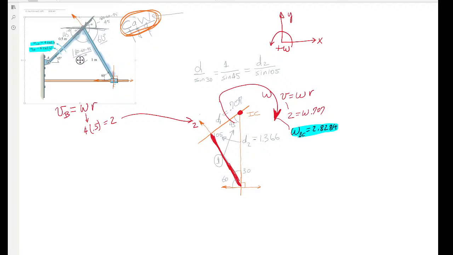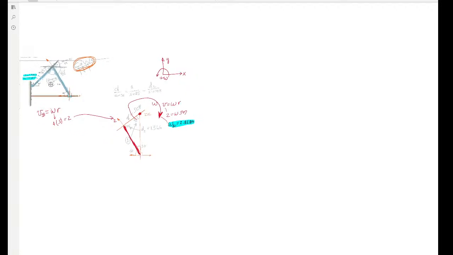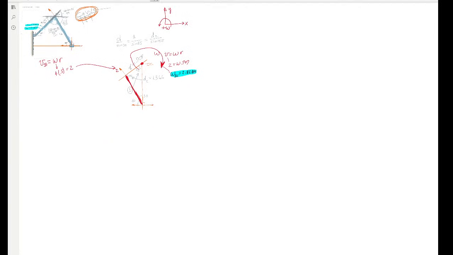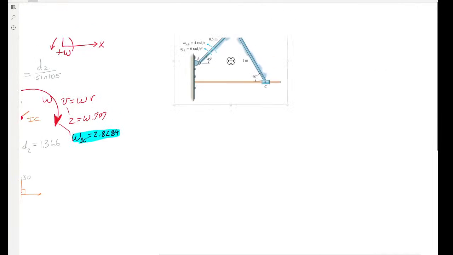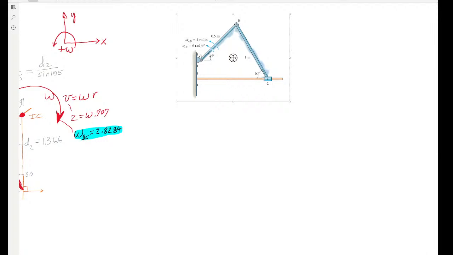Now, I'm going to move over here. I'm going to come back and now approach the problem the other way. Velocity of B is equal to velocity of B relative to A, plus velocity of A.